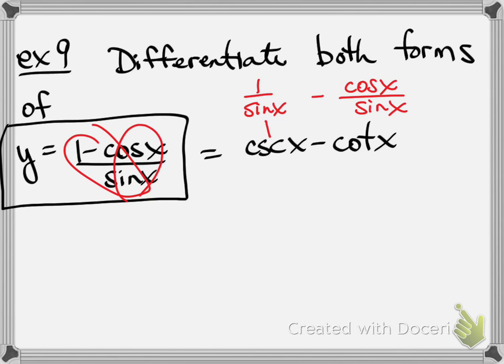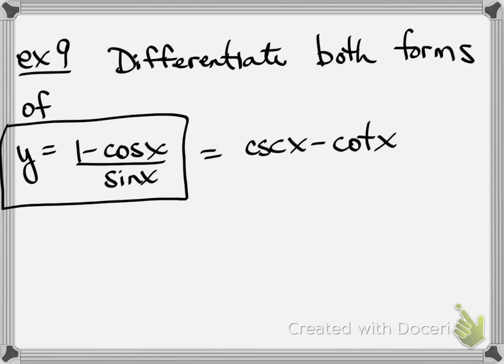But 1 over sine x is cosecant, and cosine x over sine x is cotangent. That's why they got that other form, because they did some I love math. So we don't have to worry about simplifying it this time. We are just going to do what they said, and let's differentiate this form.